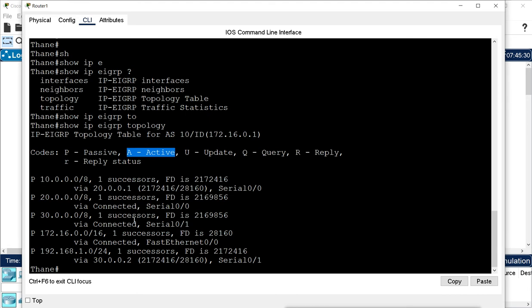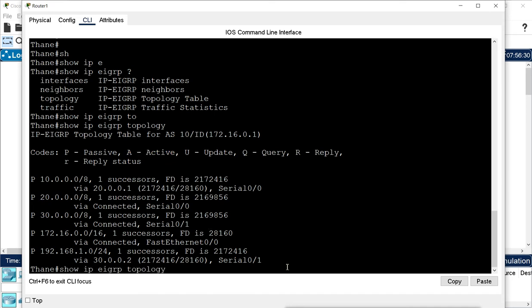But if you have a more complex and bigger network, then sometimes you will see the A also. That means it will take some time to calculate the network. But right now there is no A, there is no active path. All the paths are passive, which means the paths are already calculated.